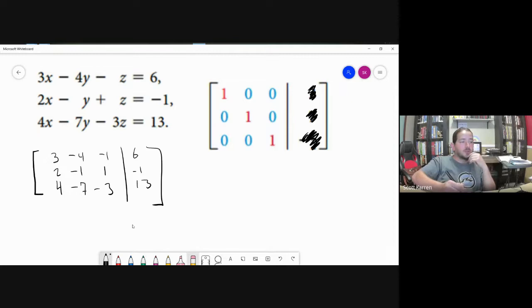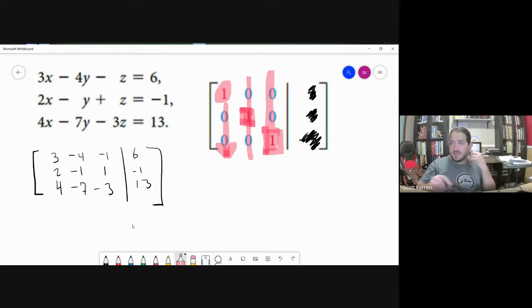And so the very first thing that I want is that 1 right there, because I can use that 1 to eliminate the rest of that column. And then I'm going to move to the next one and use it to zero out the rest of its column. And then I'm going to get the next one and use it to zero out the rest of its column. That's the general idea here.